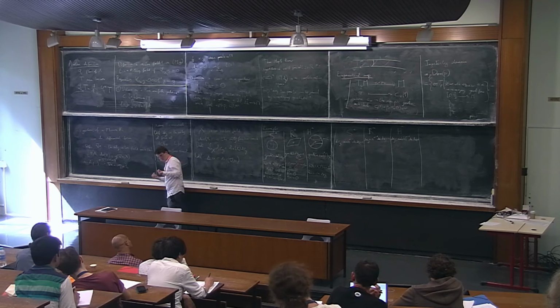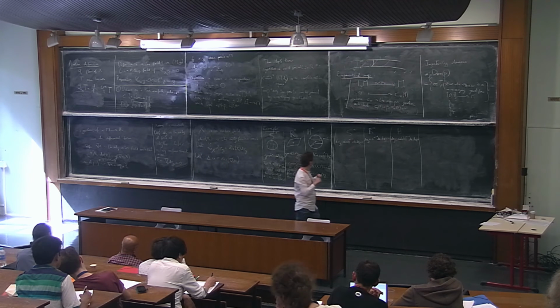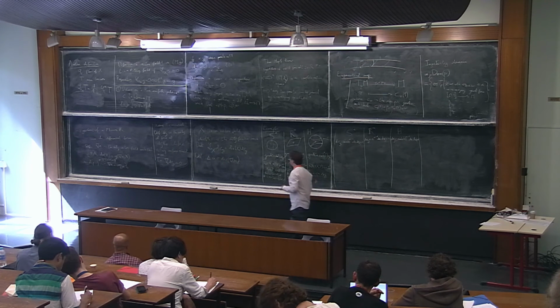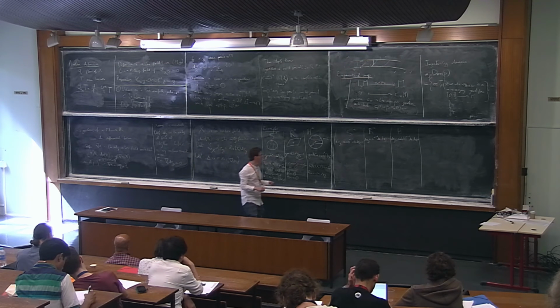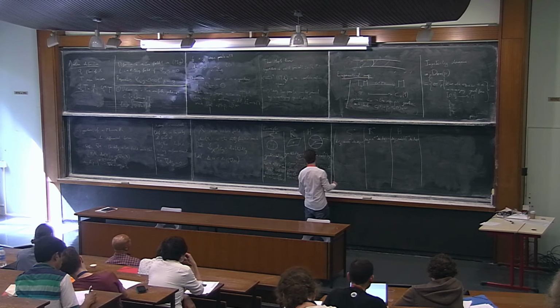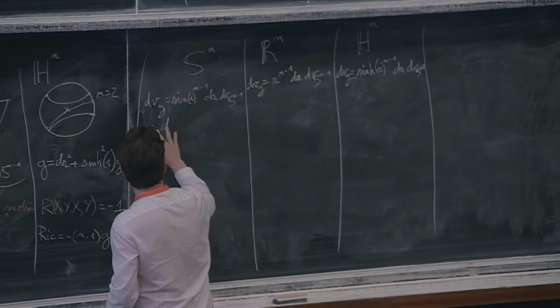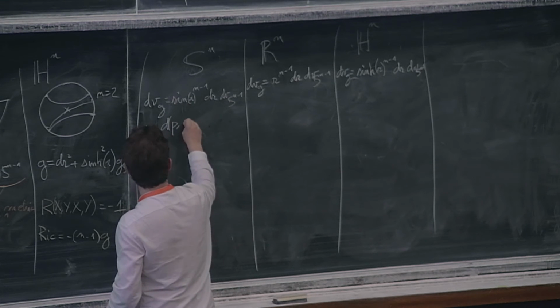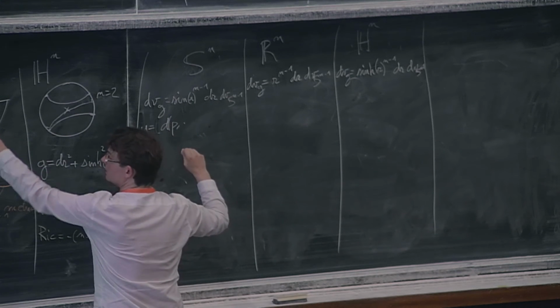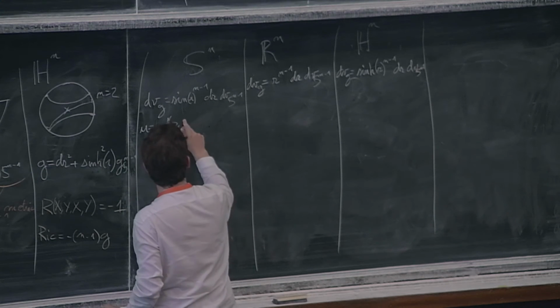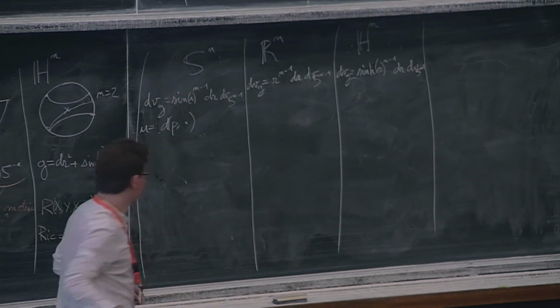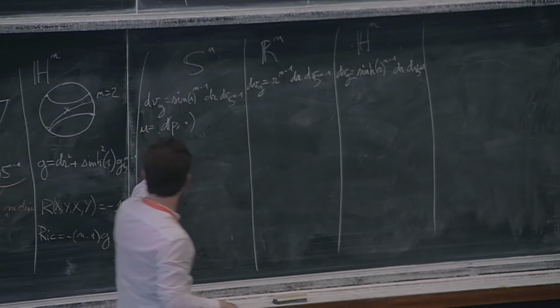So now let us compute the Hessian of the distance function. Will I call it r or u? Okay. So let us assume that u is the distance from p, the center of where I defined my exponential chart, to some moving point. So p is fixed.